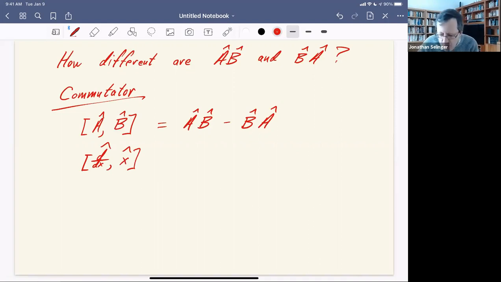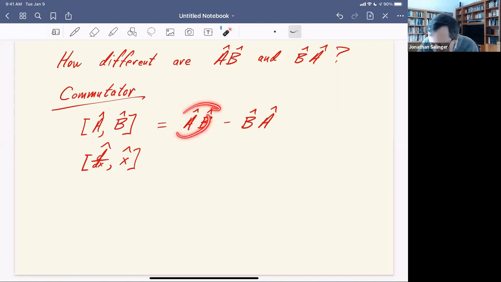Okay, so we want to know what is this commutator? The way to figure it out is to let the commutator act on a function. I should emphasize the commutator is an operator, because when you combine A and B, you get an operator.